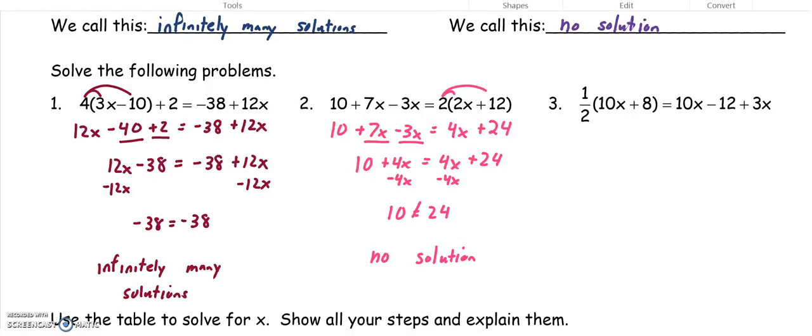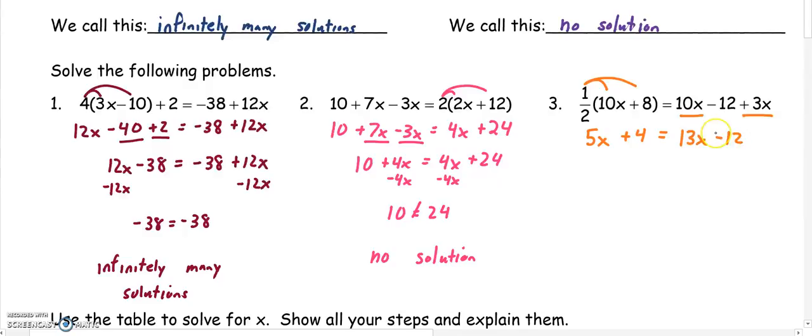Number 3, I need to distribute my fraction, which is 1/2. So remember, when I distribute 1/2, half of 10x is 5x, half of 8 is 4. On the other side, I can combine my x's. So 10 plus 3 is 13x minus 12.